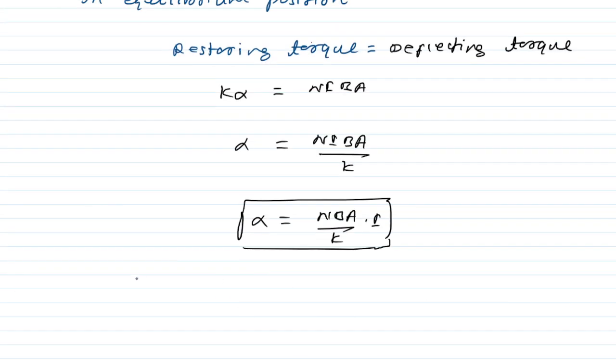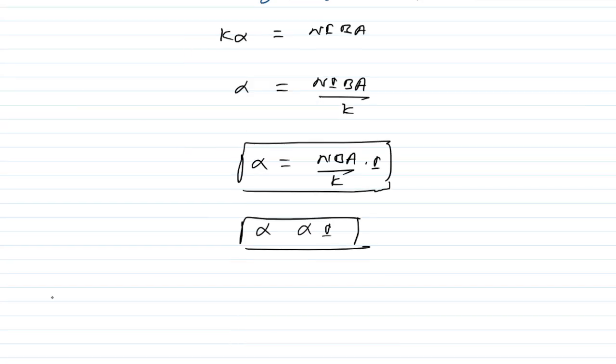Now, this deflection alpha is proportional to the current flowing through the rectangular coil. So we can say the deflection produced in the galvanometer is directly proportional to the current flowing through it.